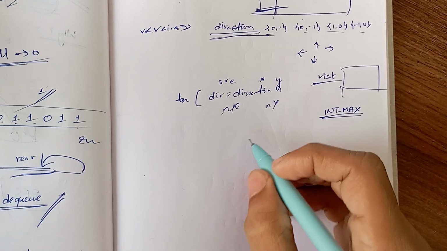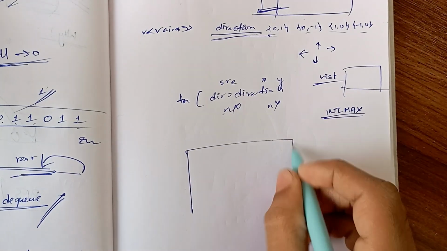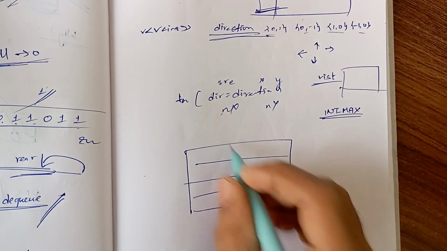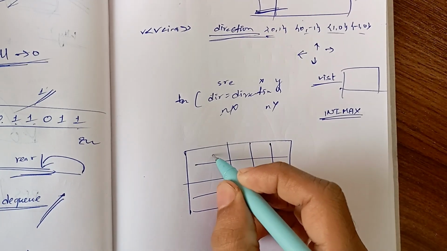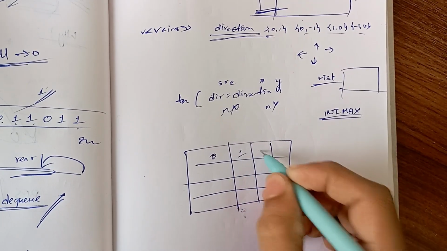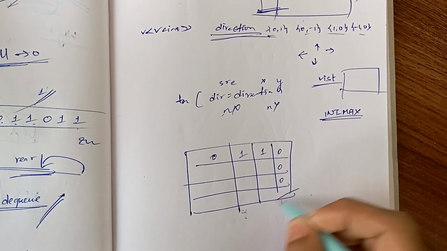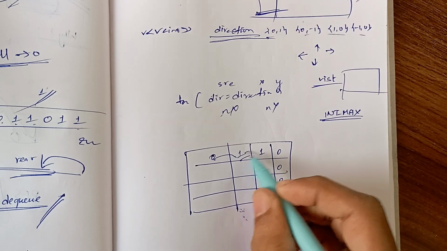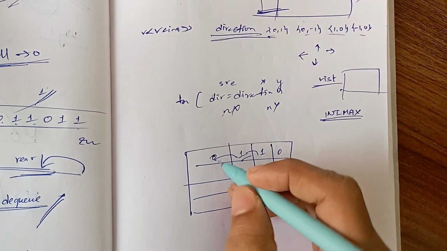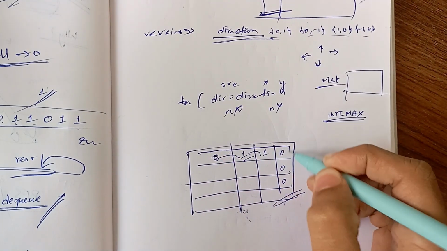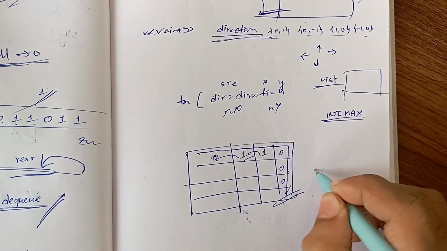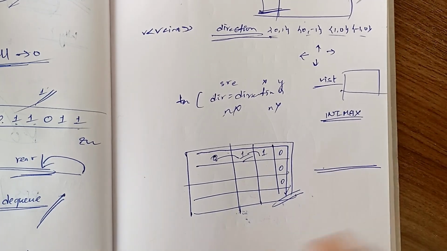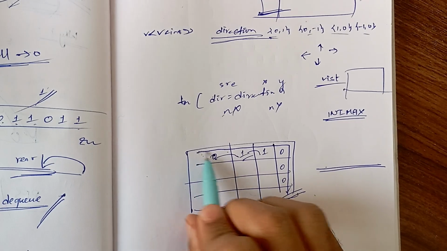So as I said, you will be having a 0 here, 1, 1, 0, 0, 0, and this is the destination. But when you come here, it is 1. But when you come here, and if you have all the path in a vector of int, you need to count all those iterations again.